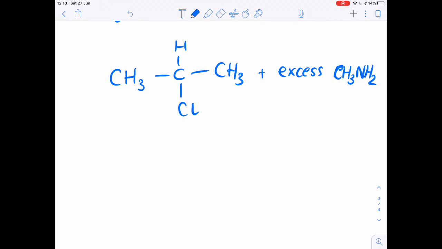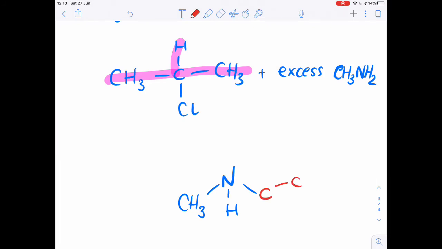Then remember that we look at our amine structure, which is methylamine. We're going to replace one of the H's with the R group of our halogenoalkane. Now, because this is connected to the halogen in the middle, it's going to be connected here in the middle, so that C is going to be the one that had the Cl, because that's what's been lost.